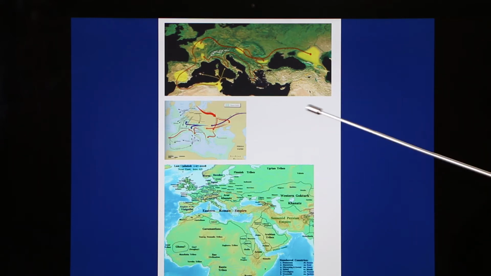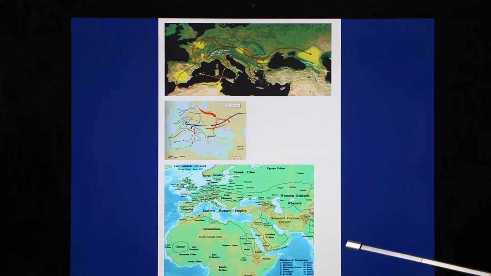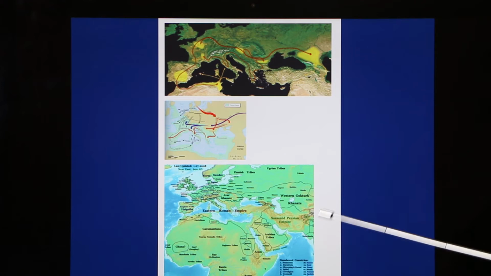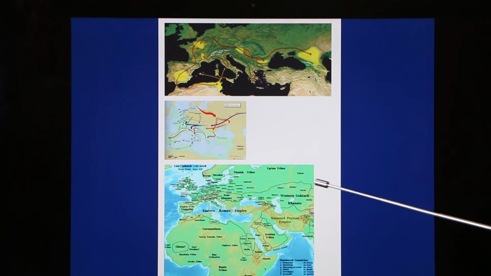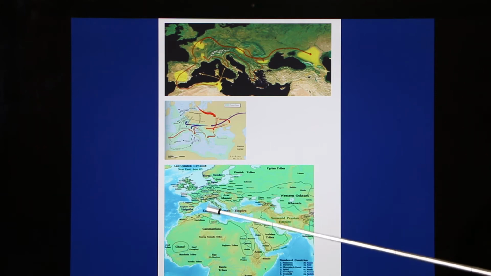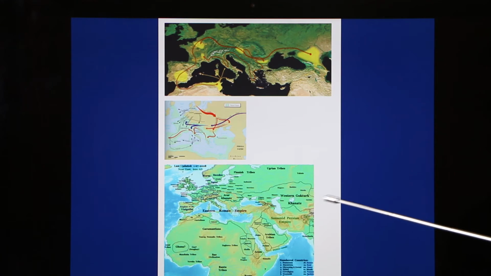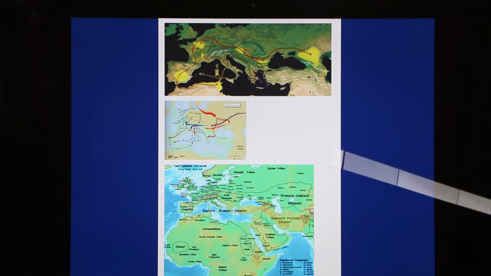Here is another map of those connections, and here we have a map showing how the Avars create a khanate, so a kingdom. And here we see the Western Göktürk.